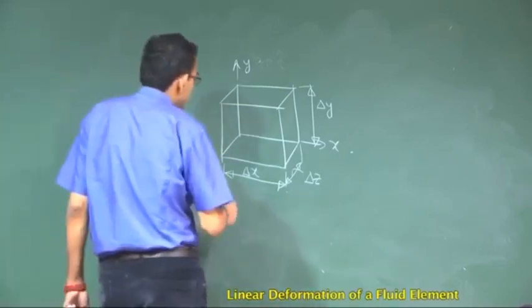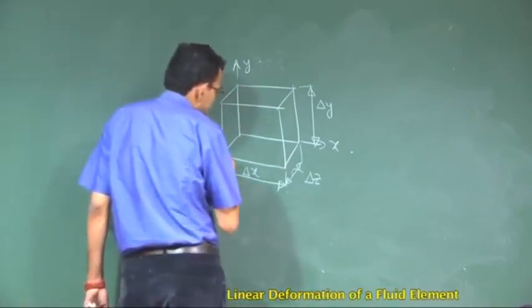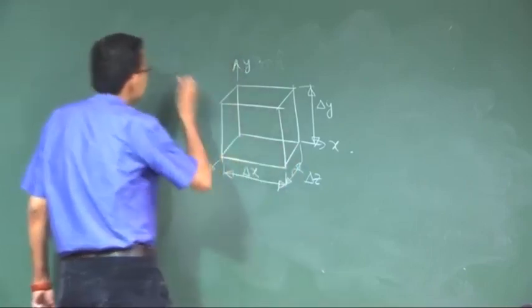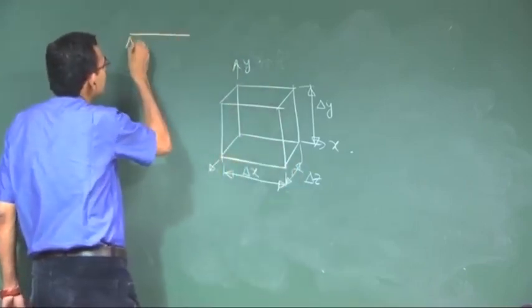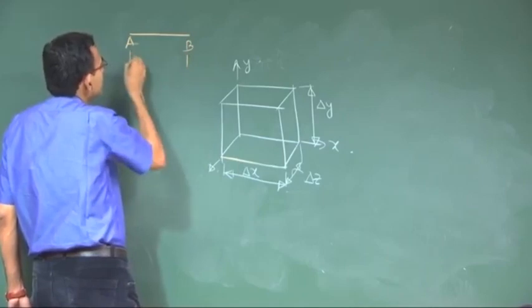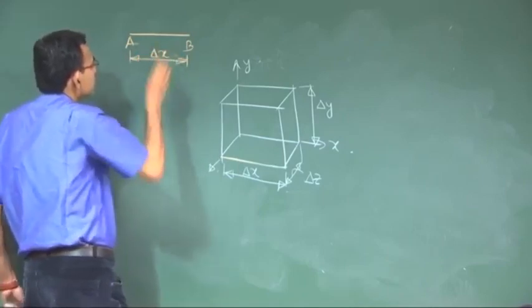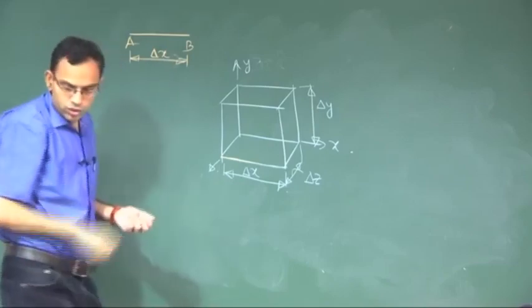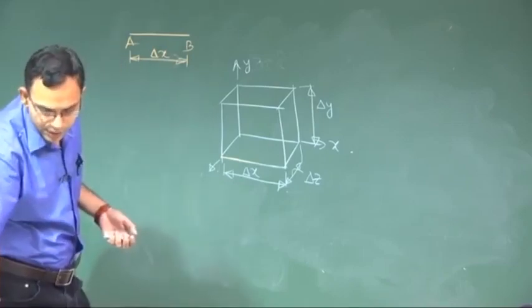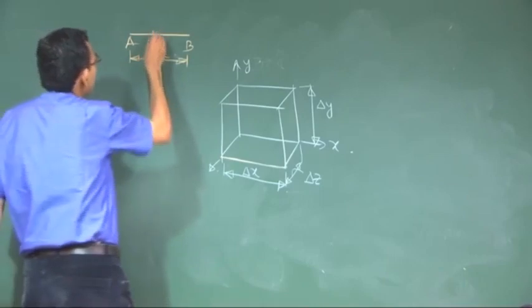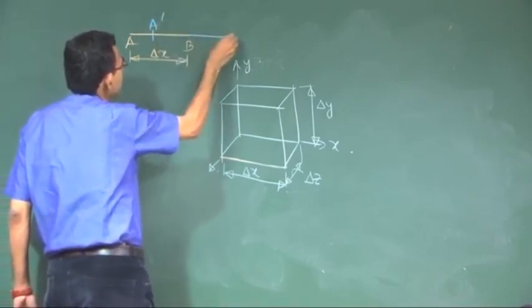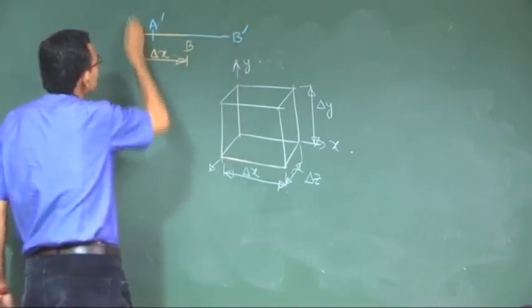To calculate the change in delta x, let us just consider one of these edges. We separately draw the figure like this. Let us say this is AB, this is delta x. After a time delta t, A goes to A prime and B goes to B prime.